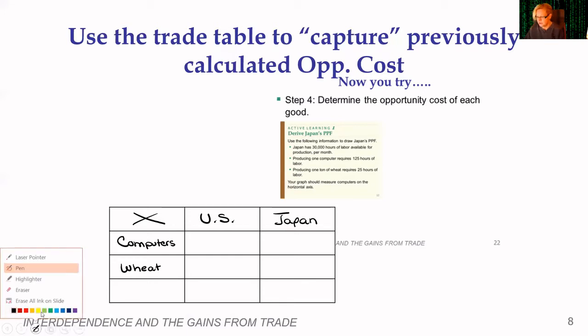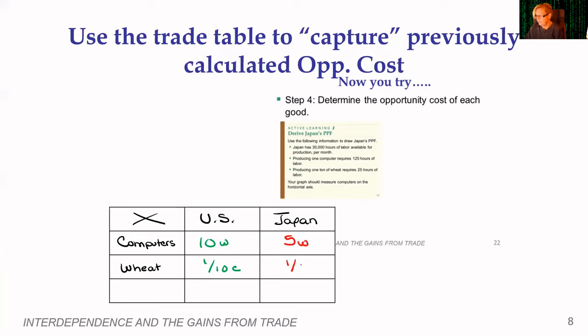I'm going to do that in a different color just to keep everything cool. So 10 wheat. Every time you produce one wheat, you give up a tenth of a computer. And in terms of Japan, every time you produce one computer, you give up 5 wheat, and that is a fifth of a computer. And then go, which number's lowest?